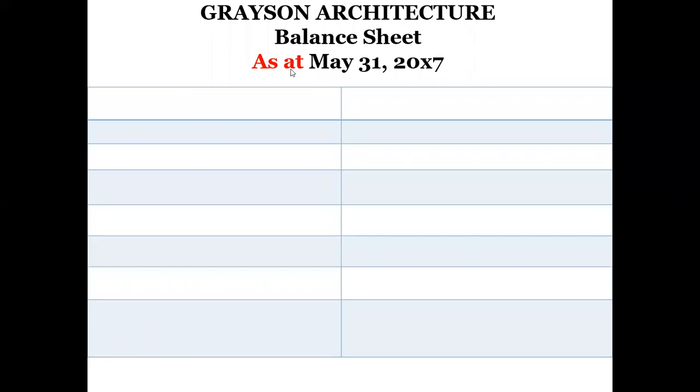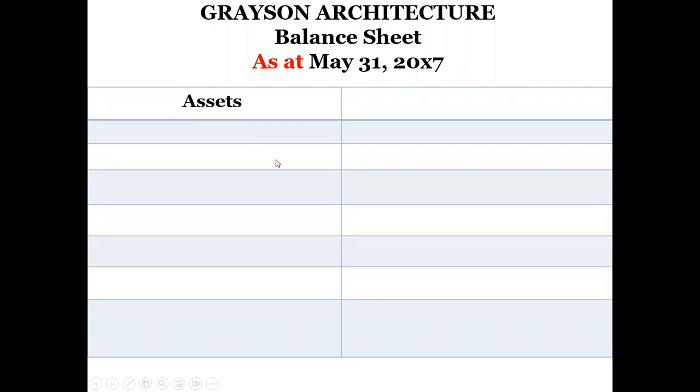For the income statement, it's for the period ended. For the statement of owner's equity, period ended, performance for the period. Balance sheet is at a point in time. Remember, the balance sheet reflects the accounting equation. So our assets will be on one side, liabilities and owner's equity on the other side.